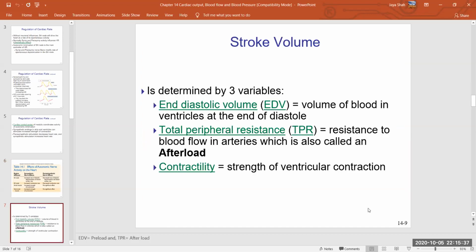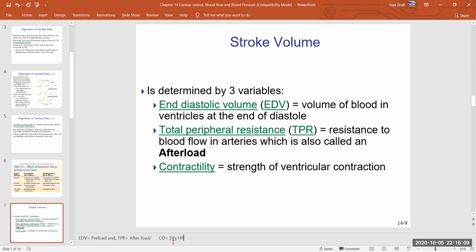Okay, so again, if we remember the equation, which is the cardiac output. So if I write here, cardiac output, CO, equals SV, means stroke volume, times heart rate or cardiac rate.